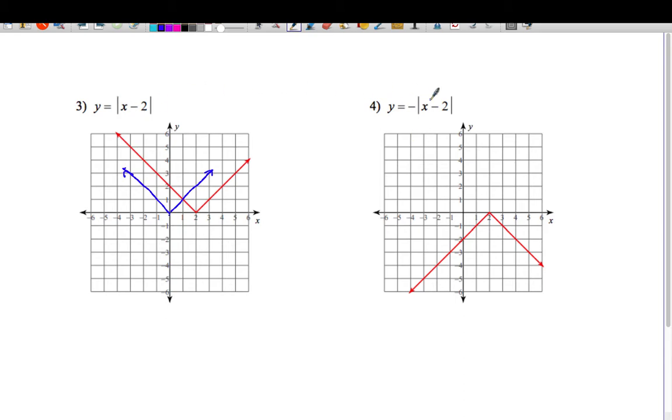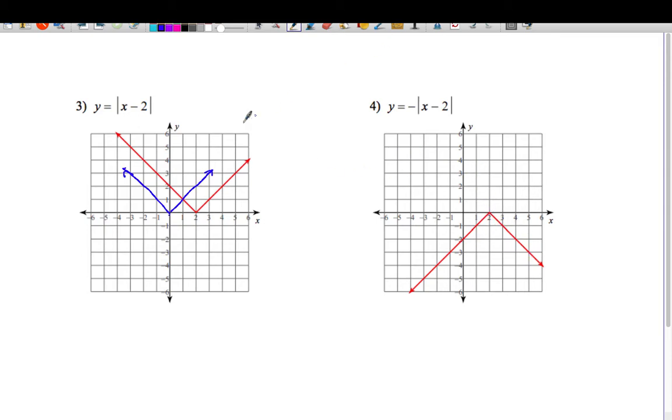Notice that these two are similar inside the absolute value symbol, but there is a negative sign outside. It's the same as multiplying this entire expression by negative 1. This will have the effect of reflecting the graph vertically.